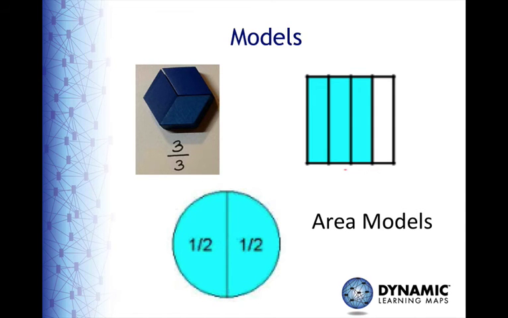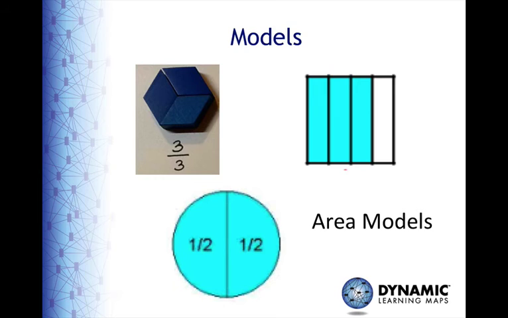There's a substantial amount of evidence that suggests that effective use of physical models in fraction tasks is important to developing early fractional knowledge. There are 3 types of models that can and should be used when working with fractions. Circular fraction pieces are the most commonly used area model because it emphasizes the whole part concept of fractions, the relative size of a part as compared to the whole.